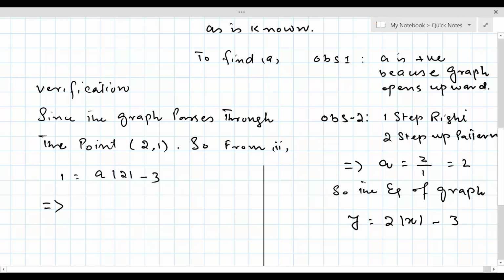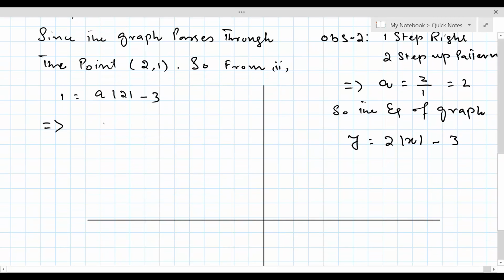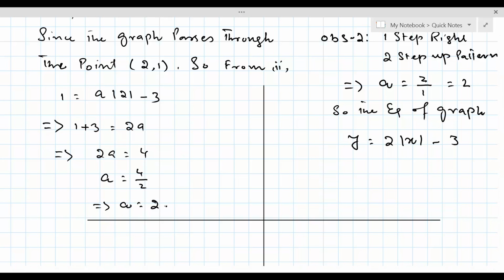This means if we bring 3 on this side, 1 plus 3 is equal to 2a, means 2a is equal to 4, a is equal to 4 by 2, and this gives a is equal to 2 again. So whichever way you find the value of a, you can verify it using the second method as well.